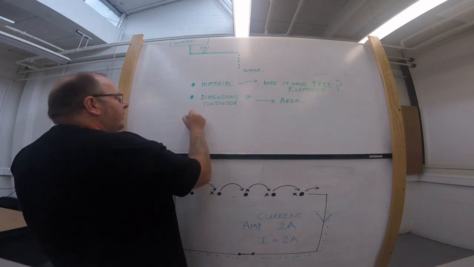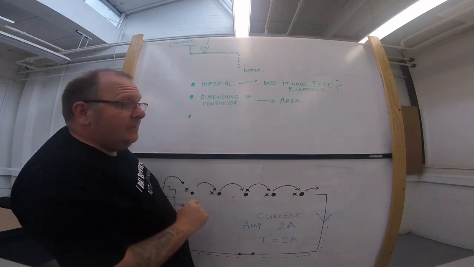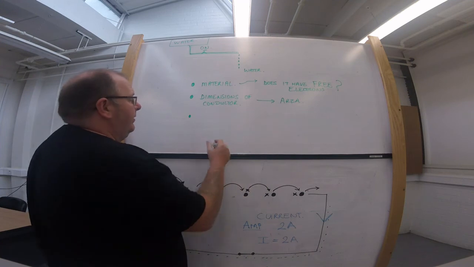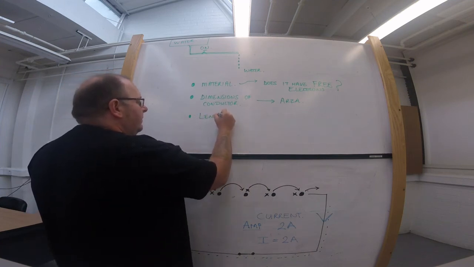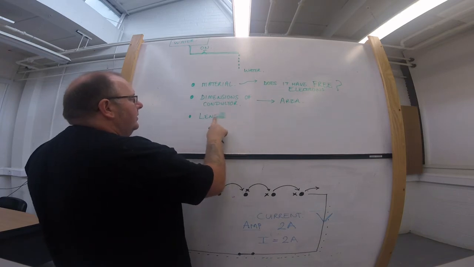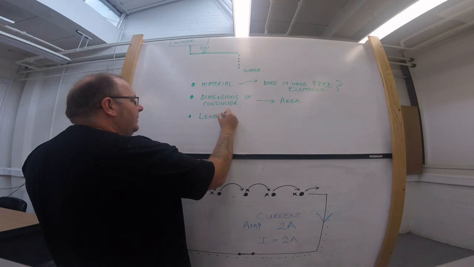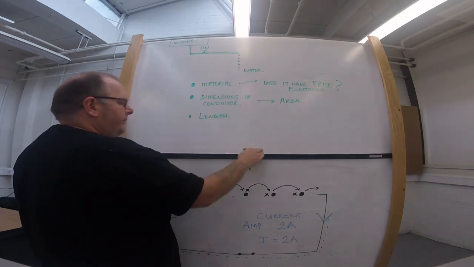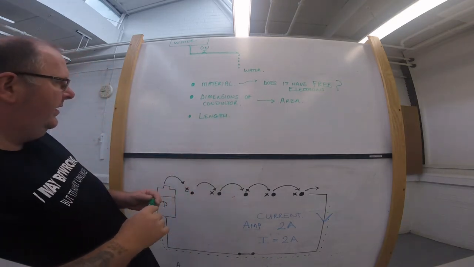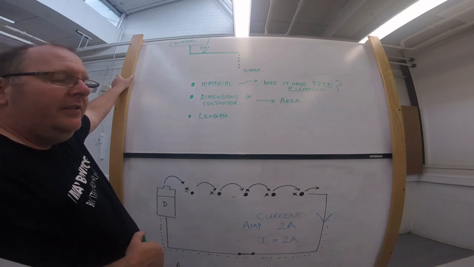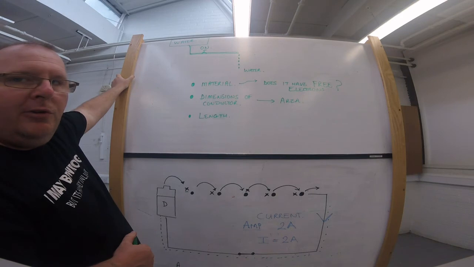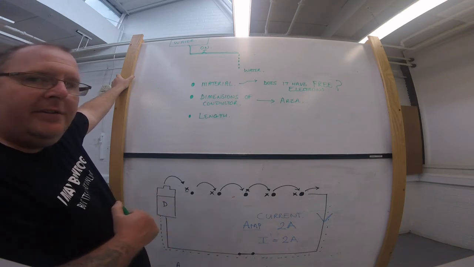The length of the resistor is important as well, or the conductor rather. So length. Whoa! Let's draw that properly. Length. If you walk up a hill, you get tired. If you try to lift something heavy over a long distance, you get tired.